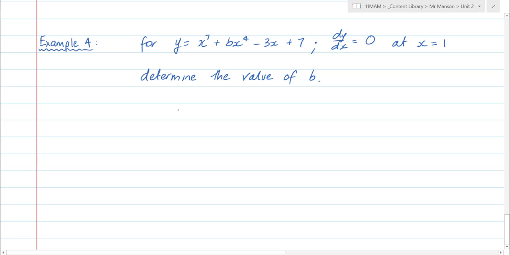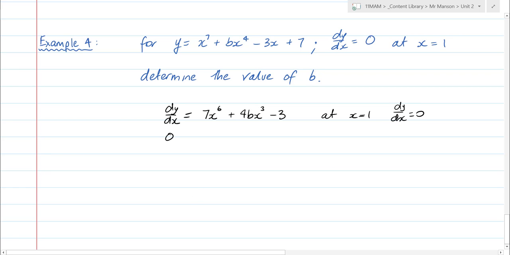So let's find the gradient function first. Dy dx is equal to x to the power of 7 becomes 7x to the power of 6. Bx to the power of 4 becomes 4bx cubed minus 3. And at x equals 1, dy dx equals 0.